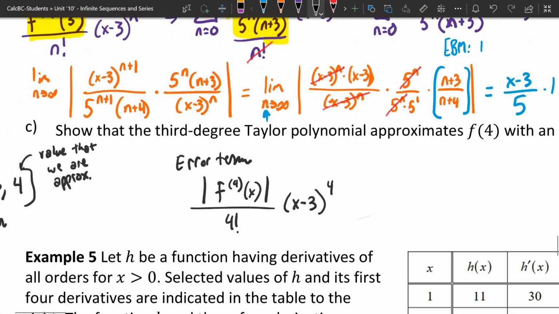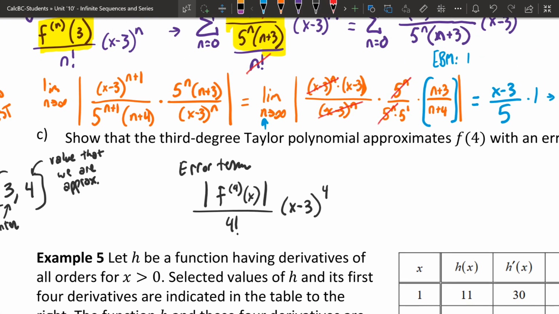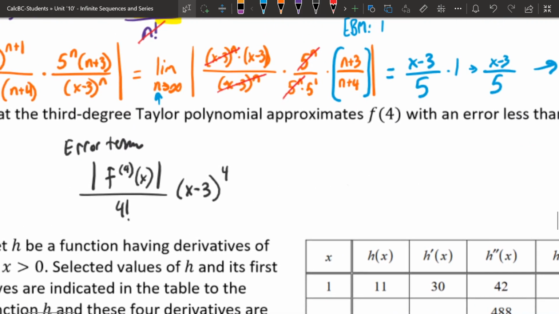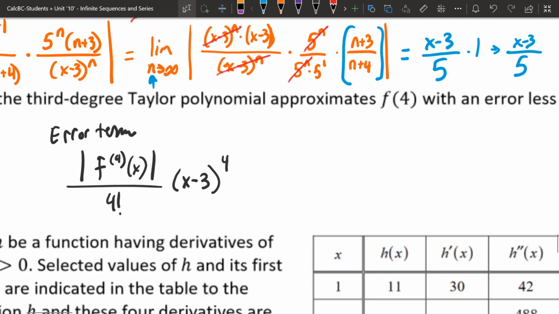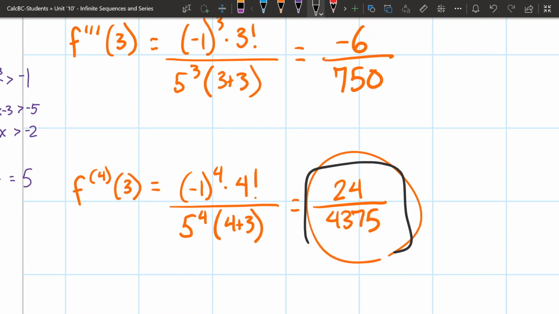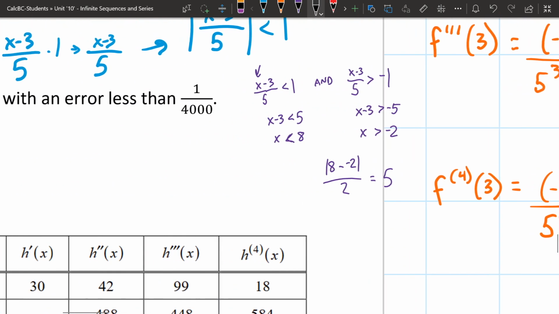Okay, looking at the previous problem, we've already found the fourth derivative of f at 3, which was 24 over 4375.